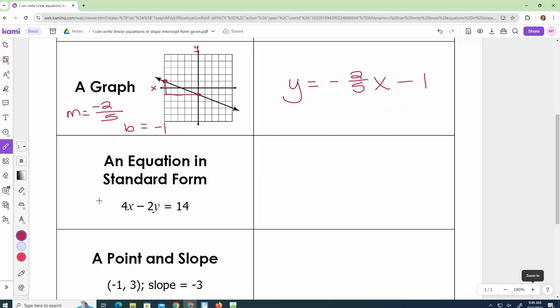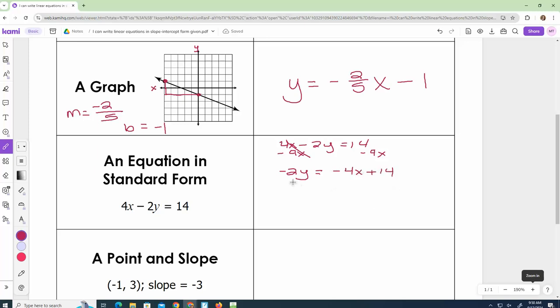Then we had problems on our last quiz where I gave it to you in standard form, ax plus by equals c, and we had to be able to change that to slope-intercept. What do you have to do to change this to slope-intercept form? So we have -2y. We prefer the x to be written first, so I'm going to write this as -4x plus 14.